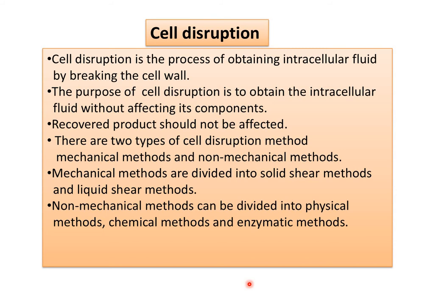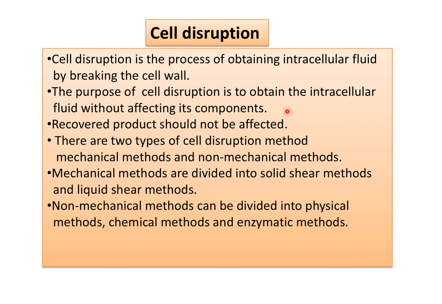Now talking about cell disruption. Cell disruption is a process by which intracellular fluid is obtained by breaking the cell wall. The purpose of cell disruption is to obtain the intracellular fluid without affecting its components. It is very important to understand that the process is to be done where the intracellular components are not affected.